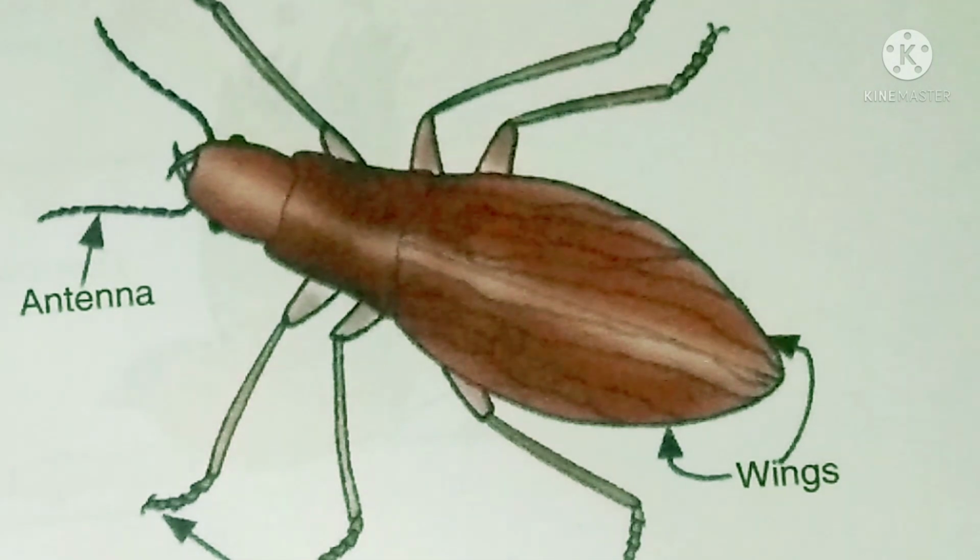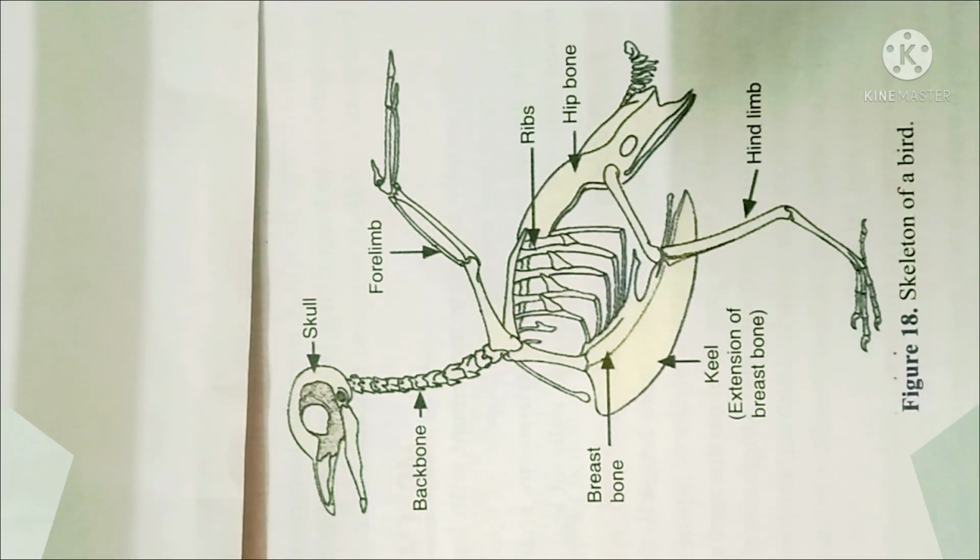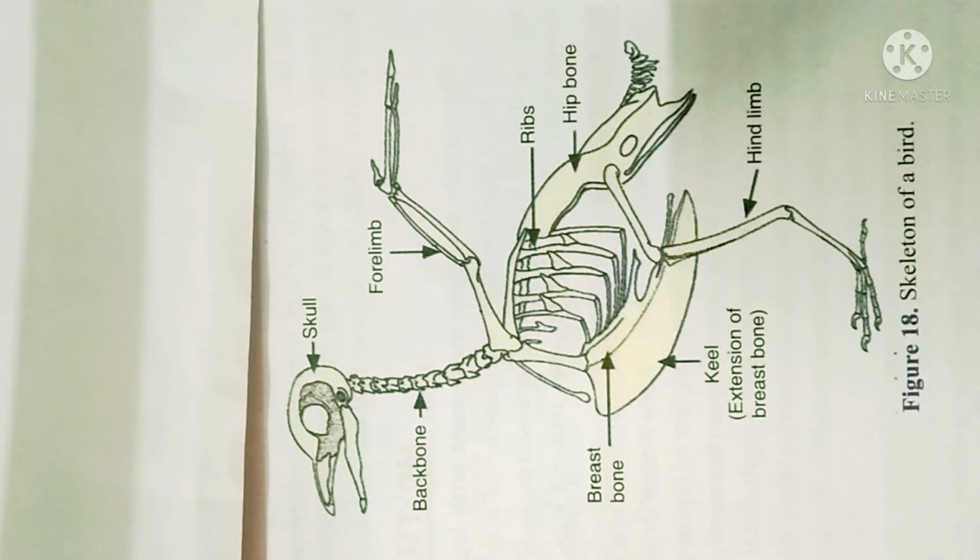They have legs also. Now you might have seen many types of birds: sparrows, crows, pigeons, parrots, also eagles, hen, duck, peacocks. These are all different types of birds.